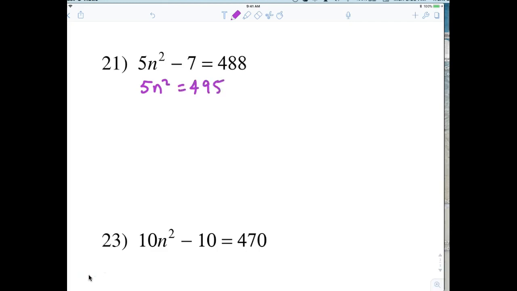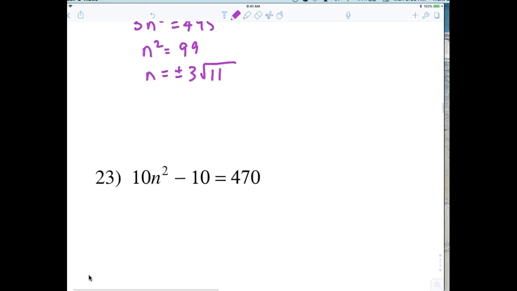So n squared is equal to 99. So hopefully you can see a 9 in there, right? Plus or minus 11 radical 11. Good job. That's how I want you to see it, guys. Break it down. All right. You good? Drew? Yeah. All right.